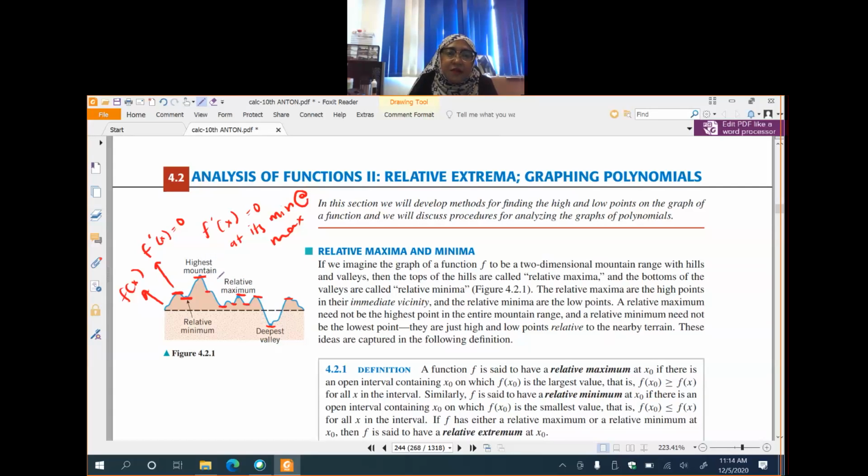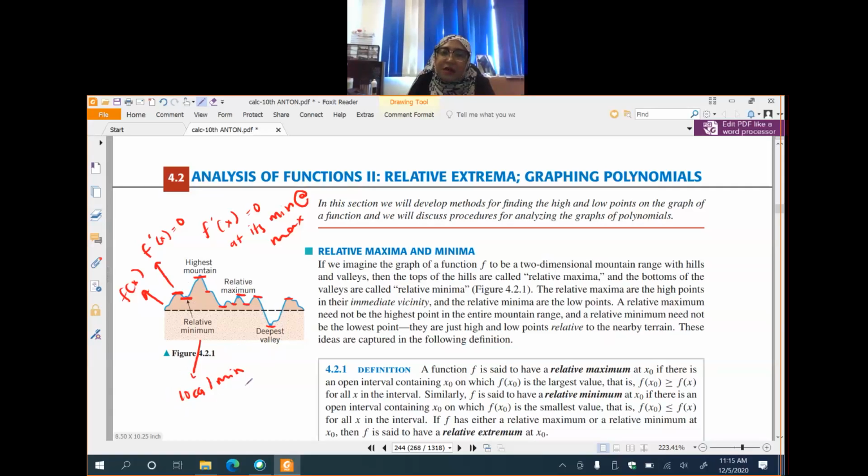So when it reaches its optimum values, optimum means either maximum or minimum, f prime of x will be 0. That is something that you should know. It is not only for the highest values, but also for the relative minimum or relative maximum. When I say relative, it means local minimum. So amongst its neighborhood, this is the lowest.